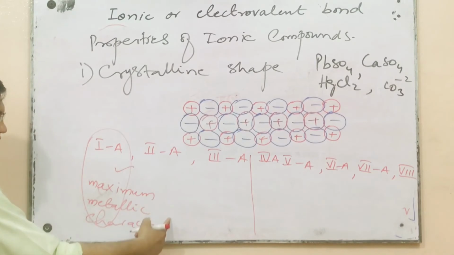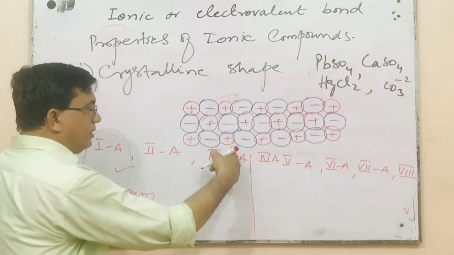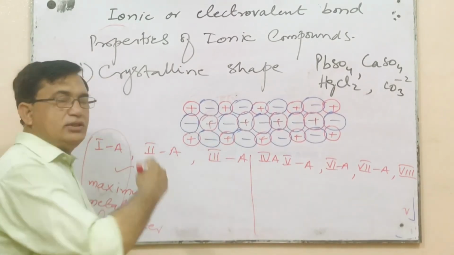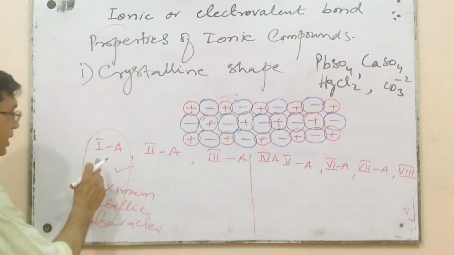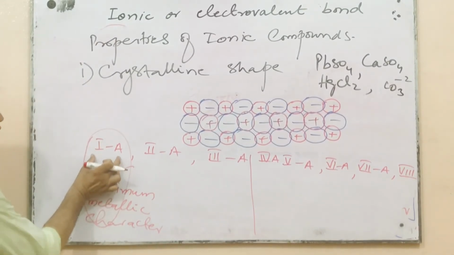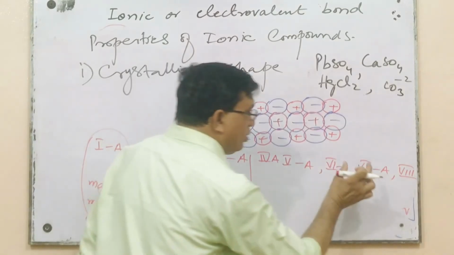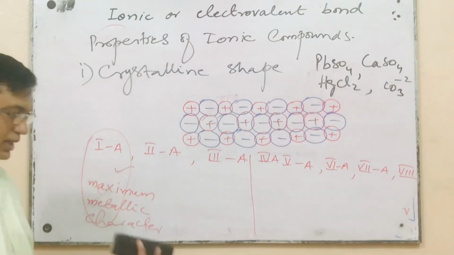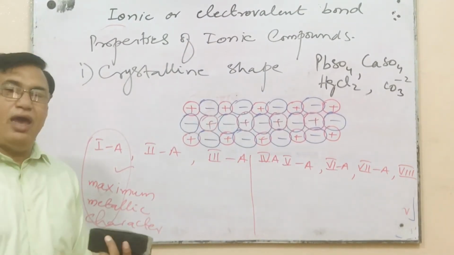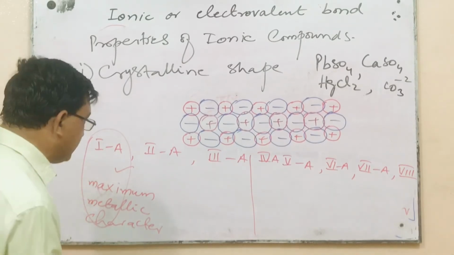The metallic character of the second A group is less, and the metallic character of the third A group is further less. That's why the bond formed between a group 1A metal and a group 7A non-metal is considered to have maximum ionic character.